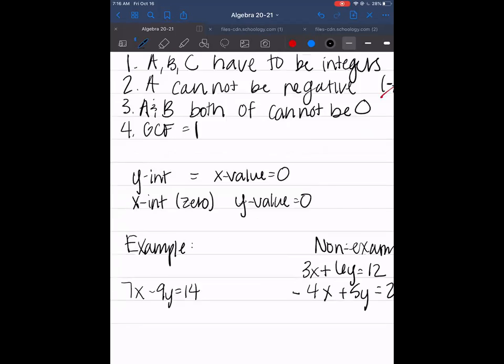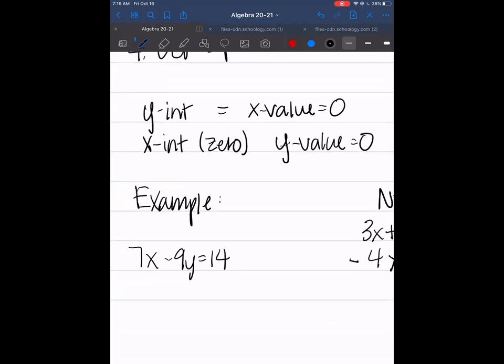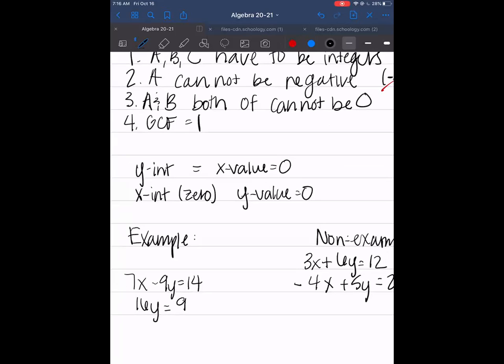One example, I want to show you what I mean by A or B can be 0. If I had 16y equals 9, A is 0 on that one. That is not negative, so it still meets our rule, and A and B are not both 0.